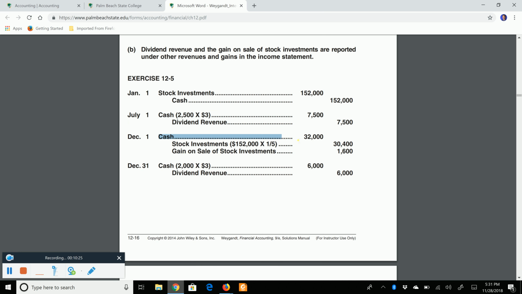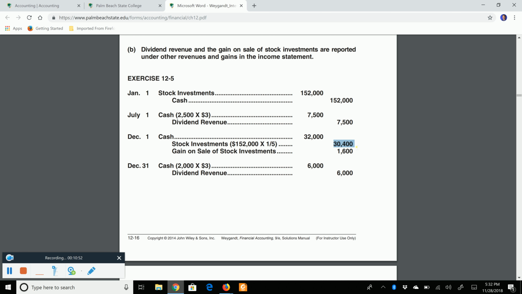All right, so what we're going to do is this. The debit to cash, the author told us that. We received $32,000. Now we need to credit the investment account for our original cost. Now remember, the original cost was $152,000, but that was to buy the full 2,500 shares. But we only sold 1/5 or 20% of our position.